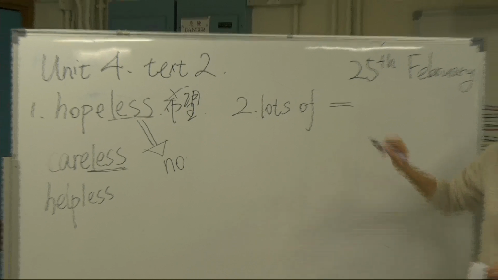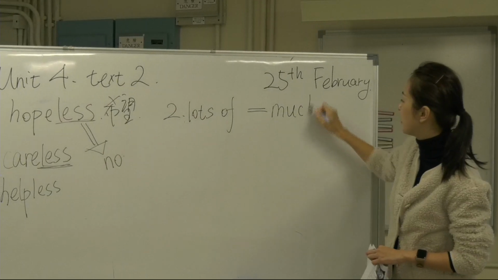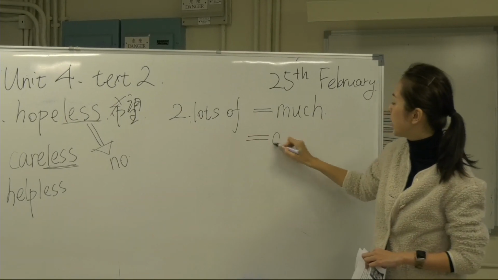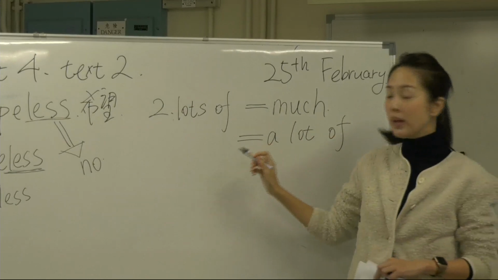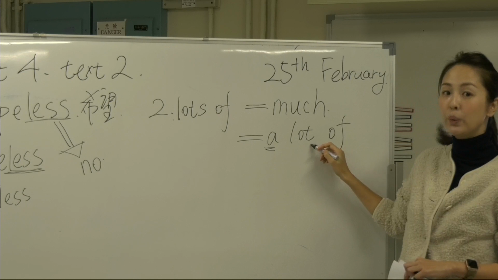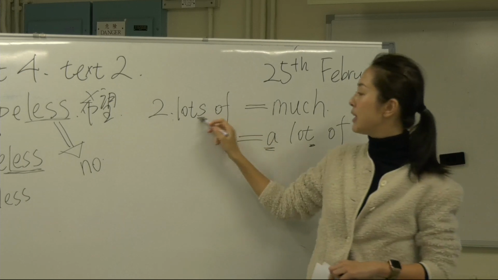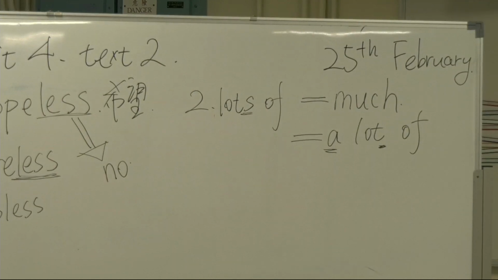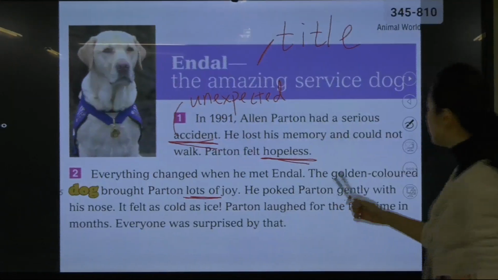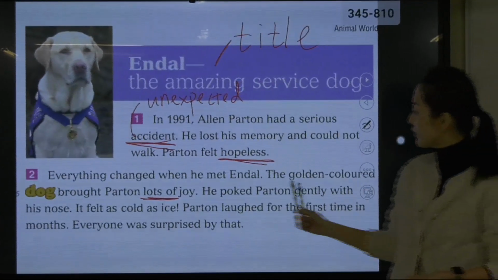Lots of here means much. And also we can use a lot of. So when you have a, there is no s. But when there is no a, we have to write down lots, okay, with s. Okay?